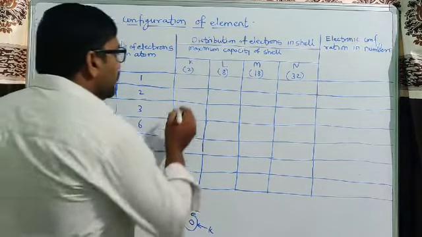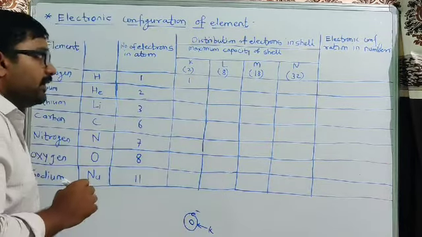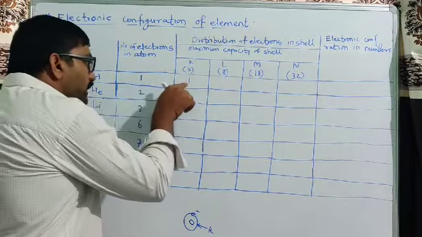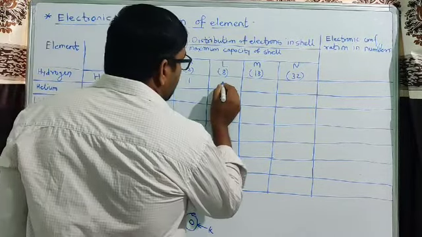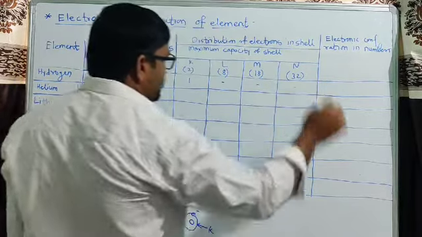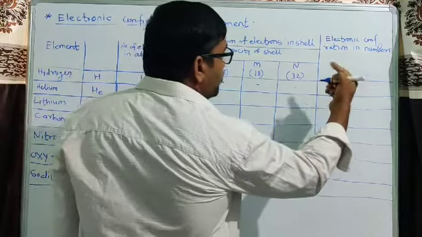So in the K shell that electron will be here. Look, that 1 electron is added into the K shell, so there is nothing in the L, M and N shells. Okay, so this chart is the electronic configuration.